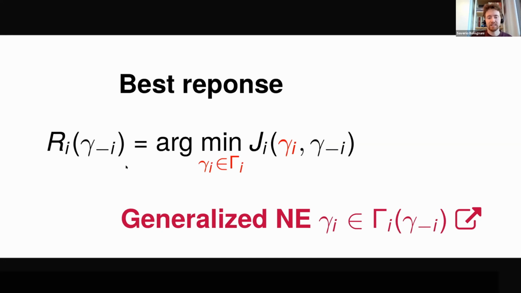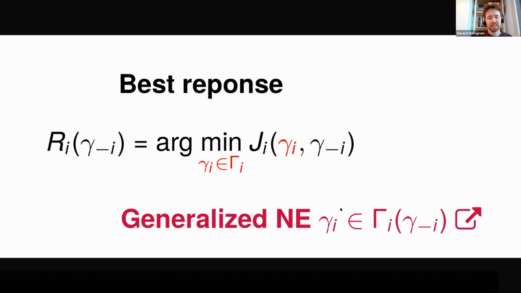There is one generalization here that I'm not going to cover, but it's relevant. It's what are called generalized Nash equilibrium problems. So here you see the strategies or the actions available to player i are a set, capital gamma i, which is given and fixed.